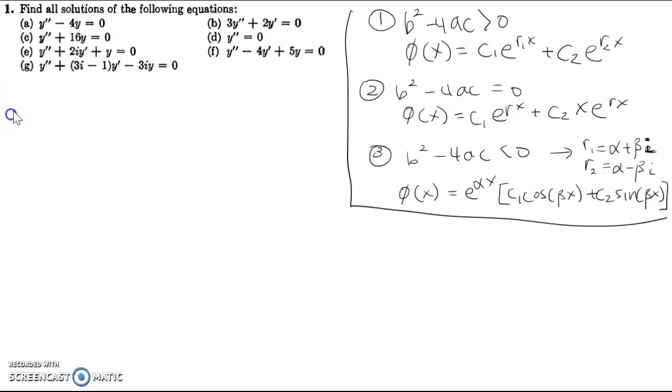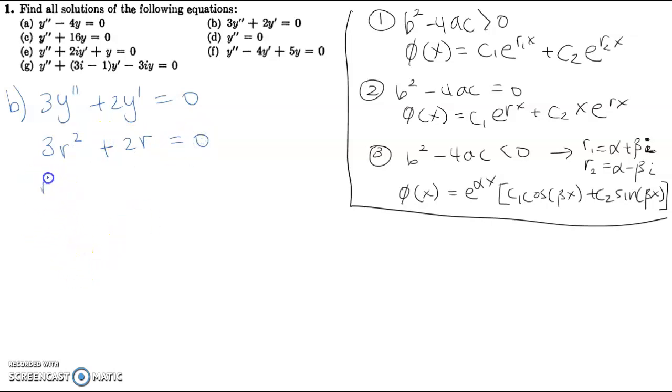Okay, let's go ahead and solve B. So B is given as 3y double prime plus 2y prime equals 0. So let's utilize also our symbol of r. So 3r squared plus 2r equals 0.